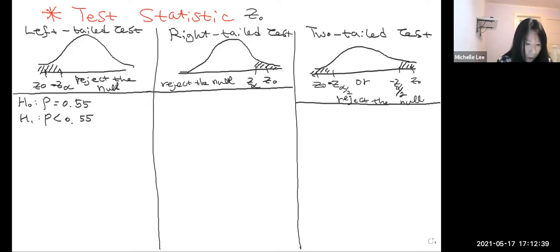Now, n equal to 150 and x equal to 78 and alpha equal to 0.1.